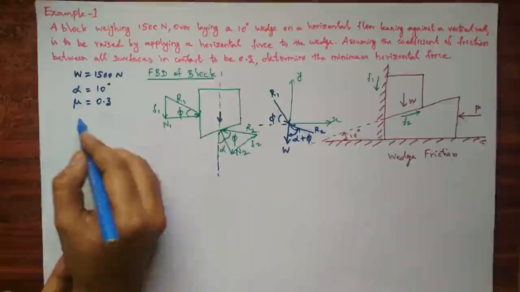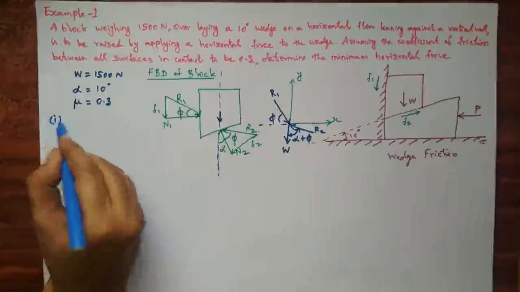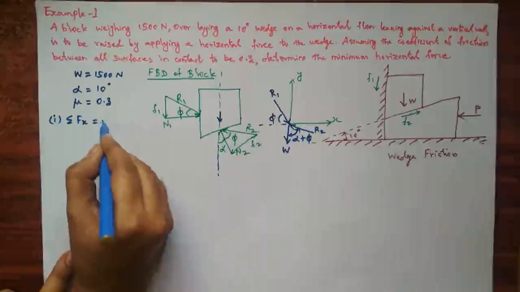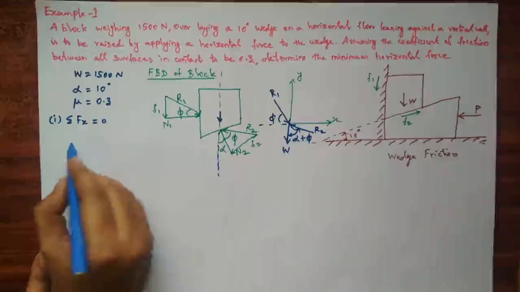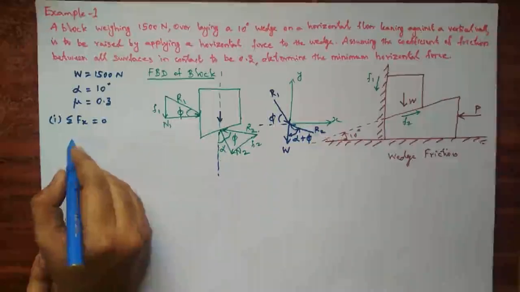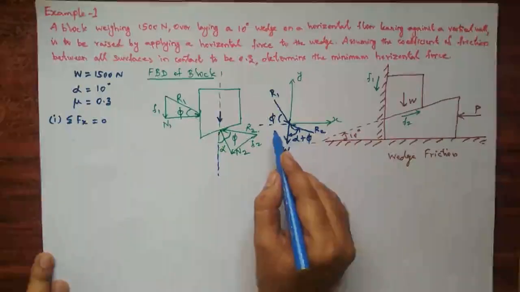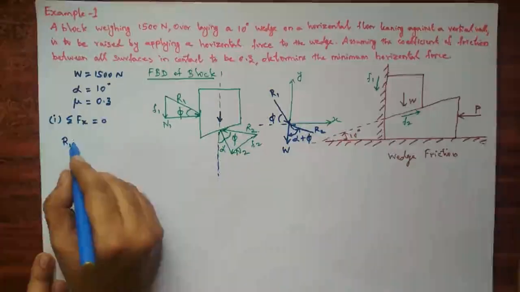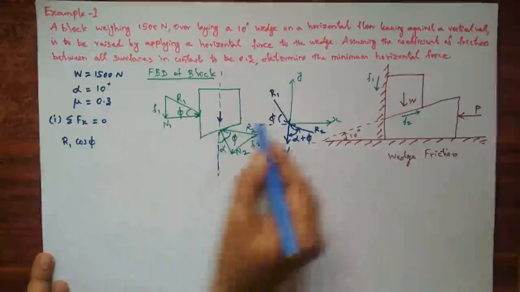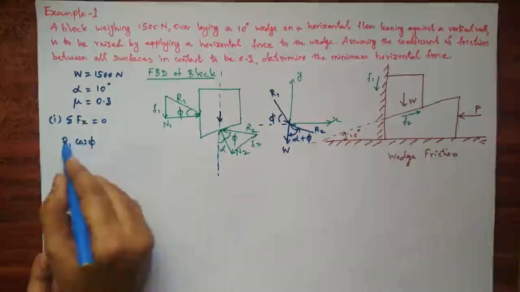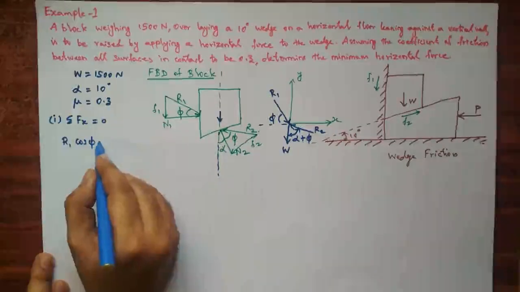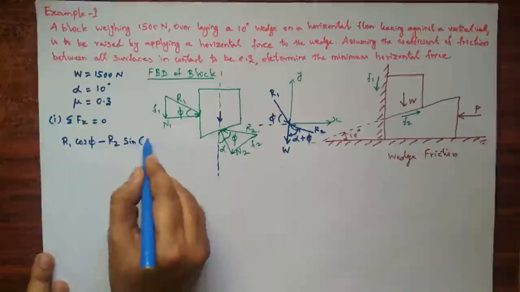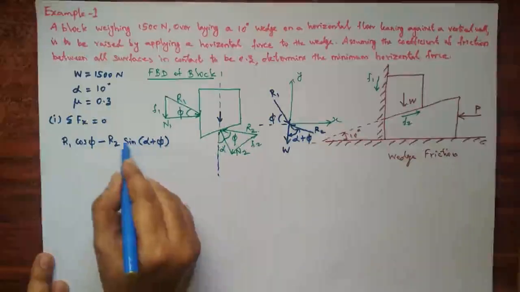First, summation of Fx equal to 0 means R1 cos phi, because resolving horizontally towards the right is positive, minus R2 sin alpha plus phi, equal to 0. Why am I putting sin here?